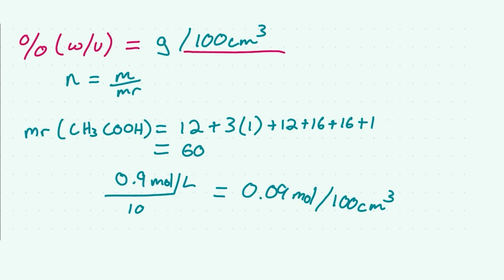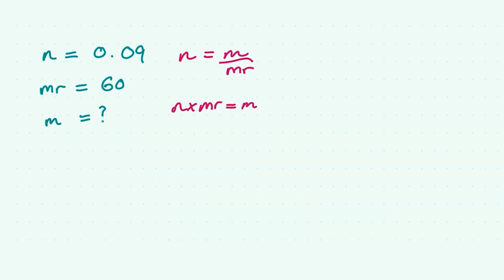Now all we have to do is manipulate our formula a small bit and work out our mass, and then we'll be able to find our percentage. Now we know we have our n, which is equal to 0.09. We have our Mr, which is 60, and we're looking for our mass, since we need to find our percentage in mass per volume, so number of grams per 100 centimetres cubed. So we go back to our favourite formula, n equals m over Mr. But since we don't know our m, we want to isolate that.